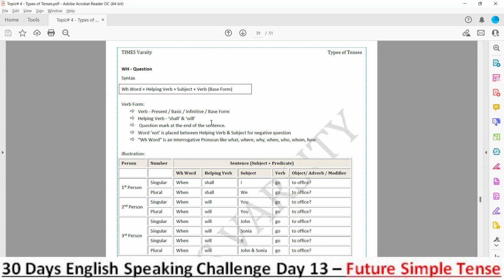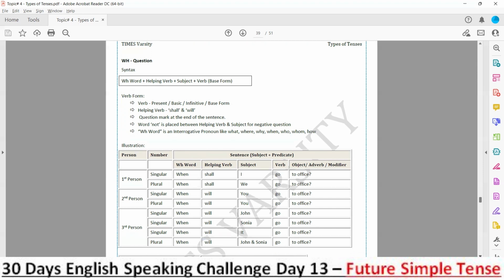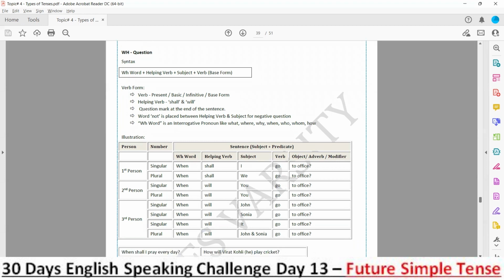Shall and will helping verbs are used. Question mark at the end of the sentence. If we would like to add not, then not is placed between the helping verb and subject for a negative question. A WH word is an interrogative pronoun like what, where. All these are the WH words or interrogative pronouns which we use in WH questions.